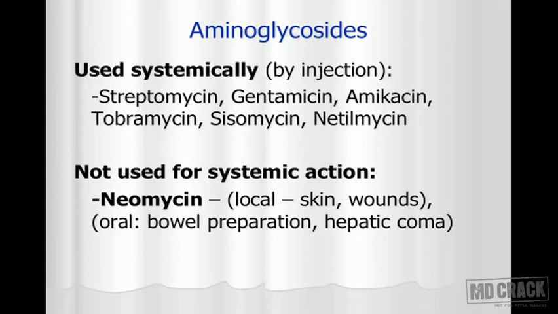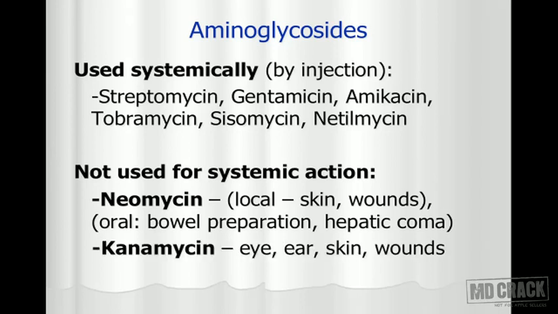So it's a kind of local use. It's not systemic use because the drug is not going to the systemic circulation. In this way, you can use neomycin for pre-operative preparation of the bowel, or in hepatic coma. We are going to explore this later.